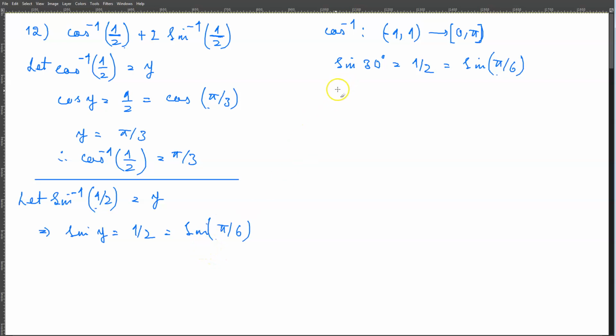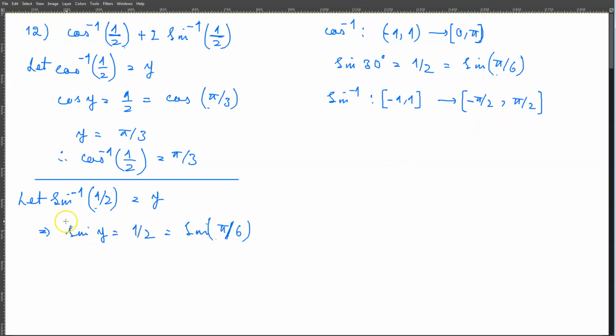and the sine inverse function is a function that goes from -1, 1, and that goes to negative pi by 2 to pi by 2, so basically pi by 6 is actually in the range of this function.